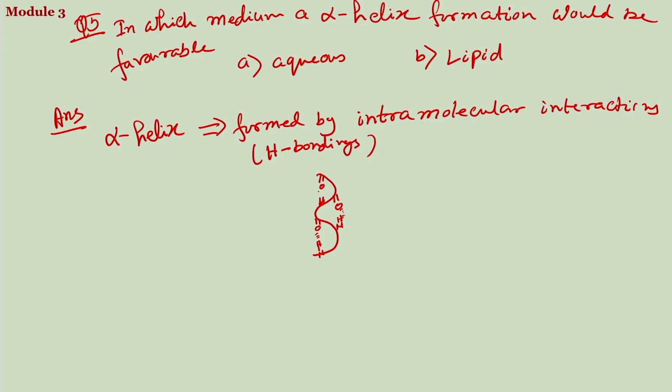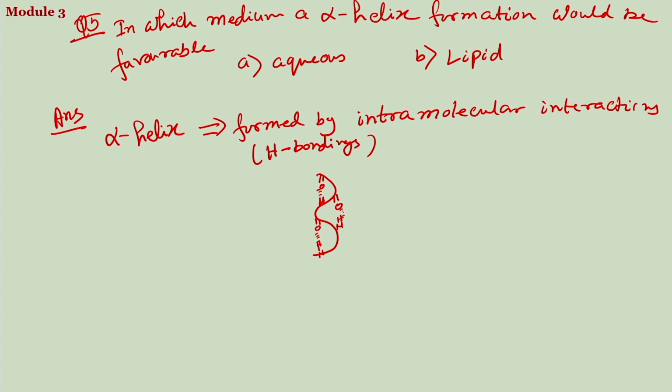I am just writing H here, NH in the backbone, they will form hydrogen bonding. And it is because of this hydrogen bonding that forces the strand to go to the helical conformation, because that way the backbone carbonyl and the backbone NH can come into the bonding distance. That is the driving force for the formation of alpha helix.